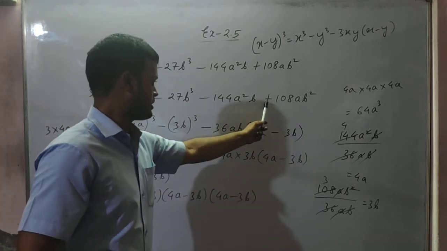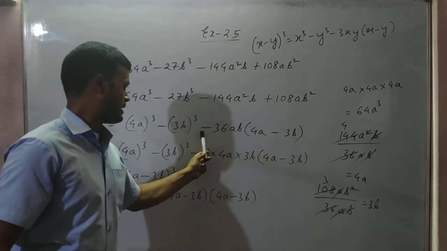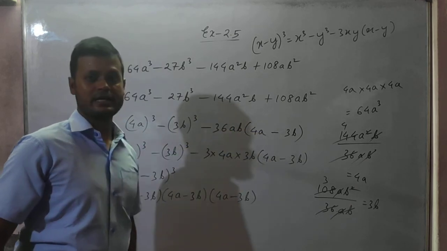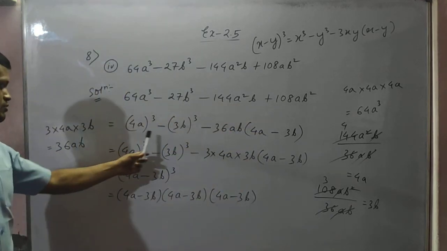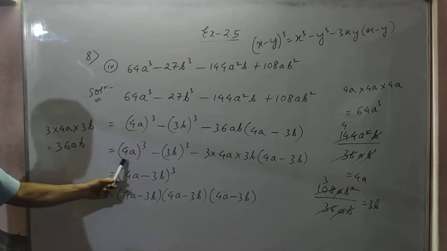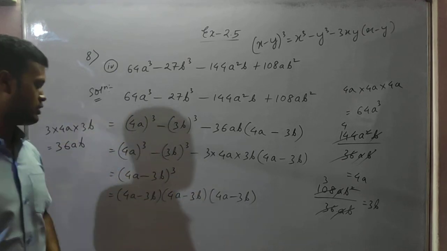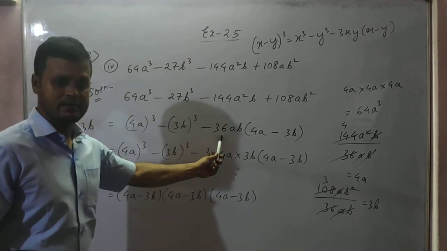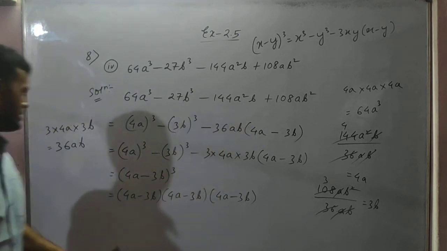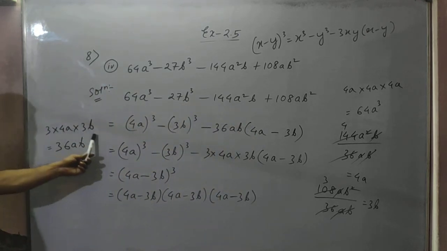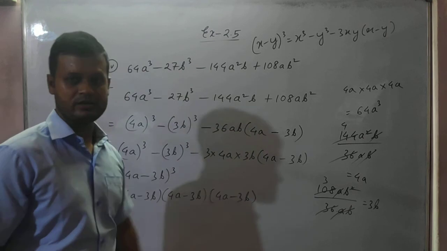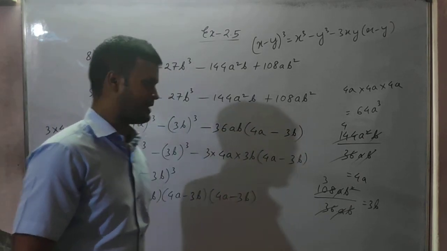3b. Because here from the plus sign, if you take one minus common, in place of this plus sign you will get a minus sign. So x cube minus y cube, now x cube 4a whole cube we will write, minus 3b whole cube we will write, and 36ab is here, you will write it this way, 3 into 4a into 3b. So inside the bracket you will get 4a minus 3b.